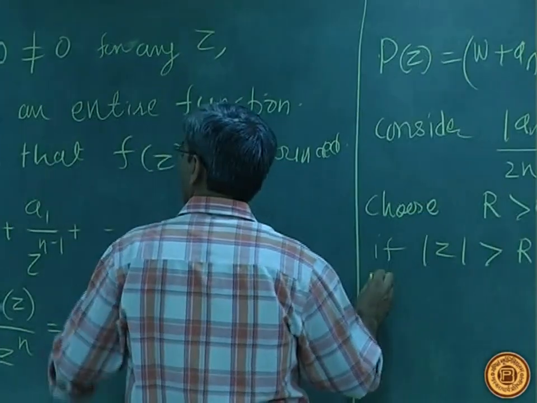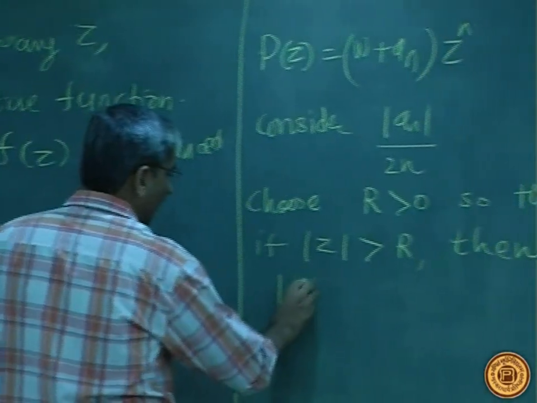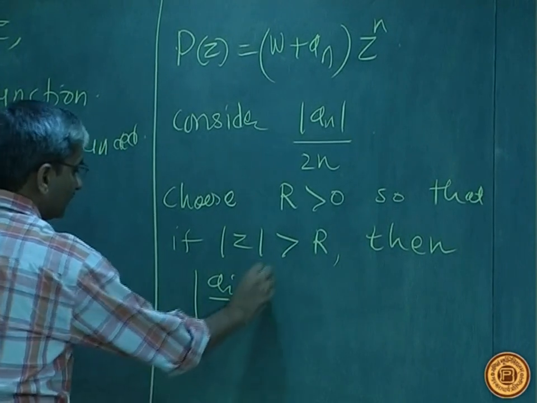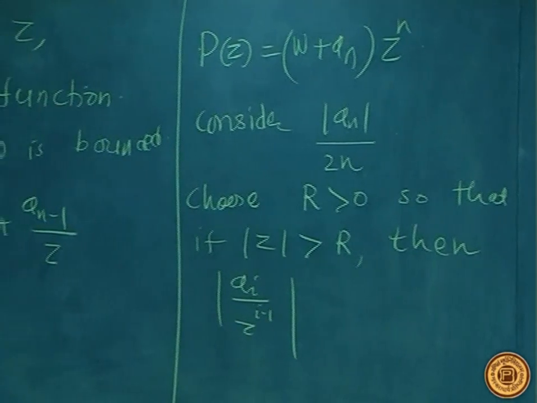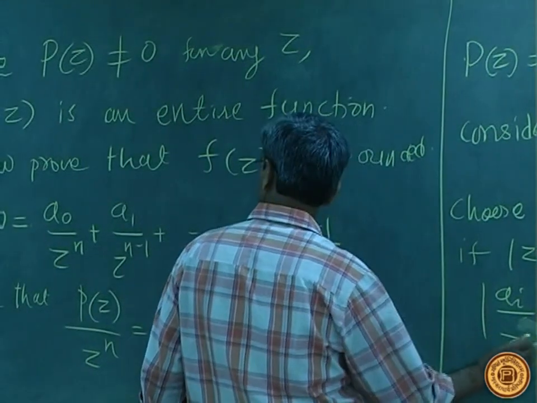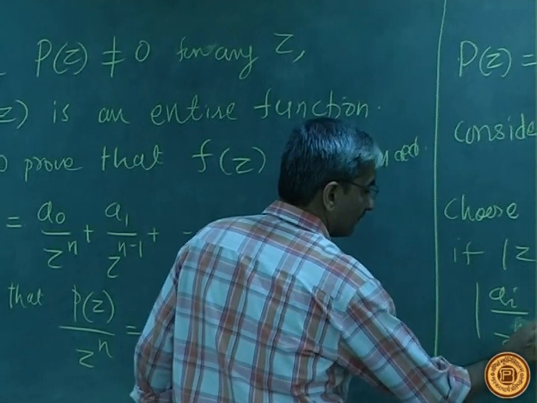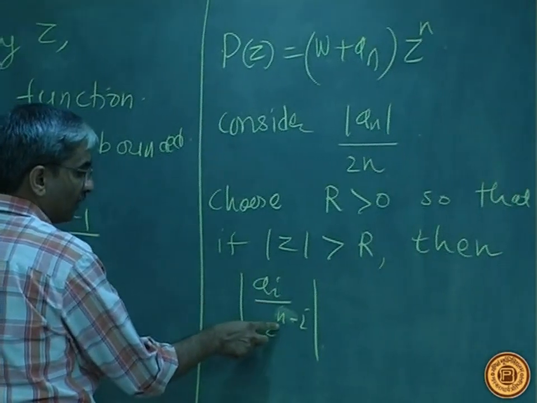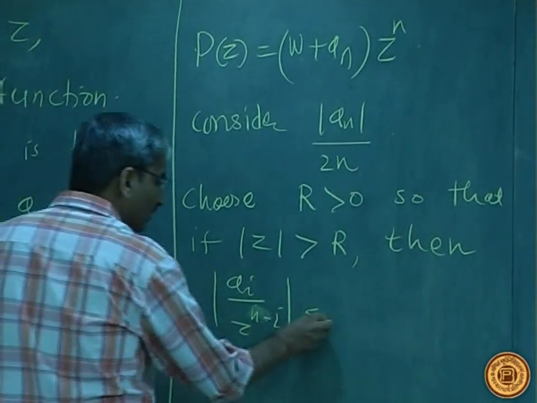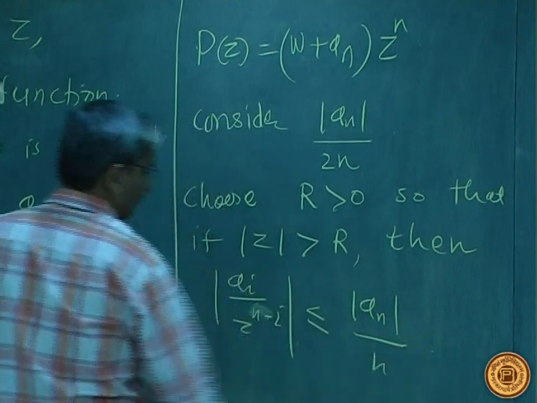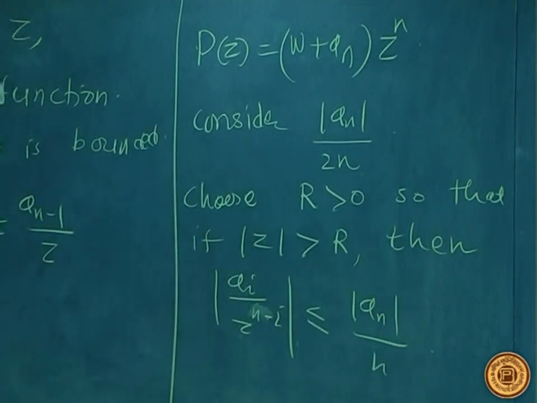Then let me write mod ai upon z to the power i minus 1, z to the power n minus i, because a naught upon z to the power n, a1 upon z to the power n minus 1, all the terms are less than or equal to this, for all i.